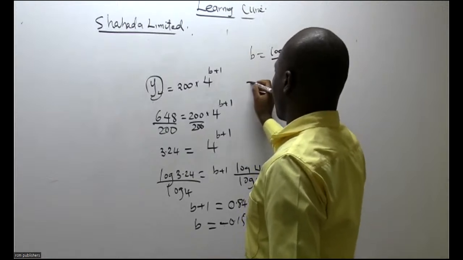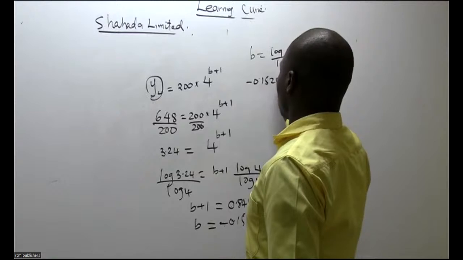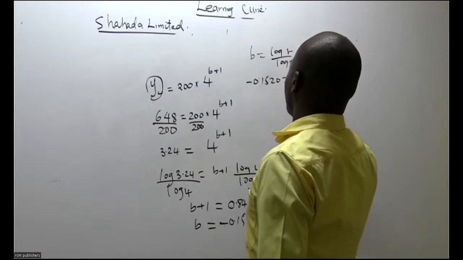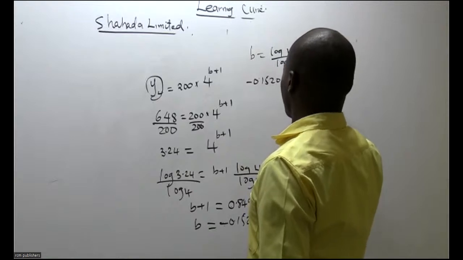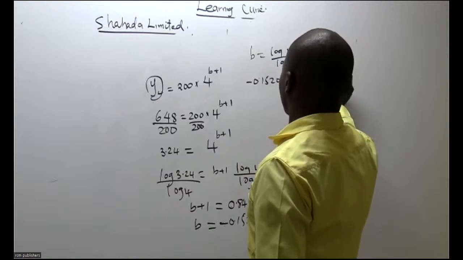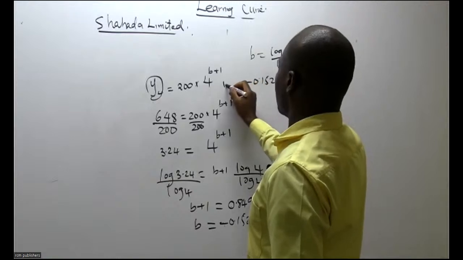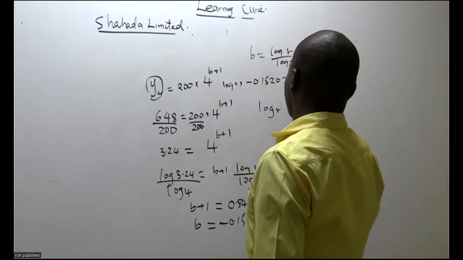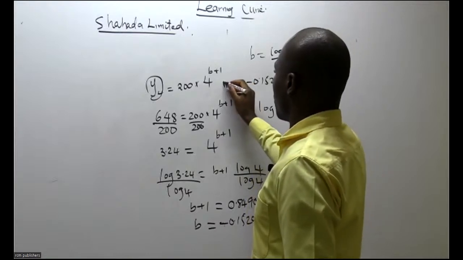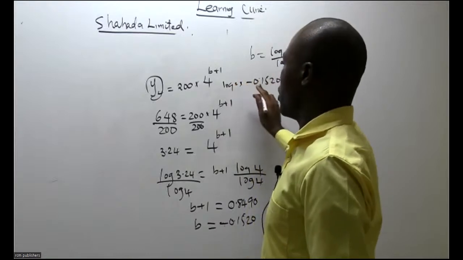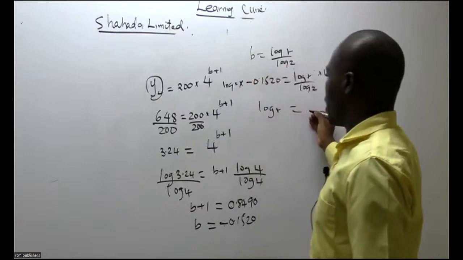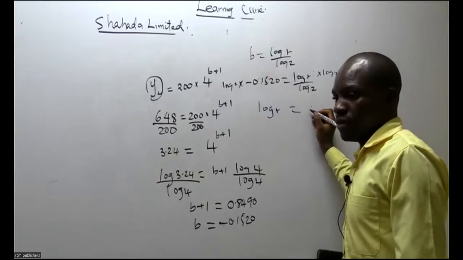We have B as negative 0.1520 is equal to log R, which we do not know, divided by log 2. So multiply both sides by log 2.